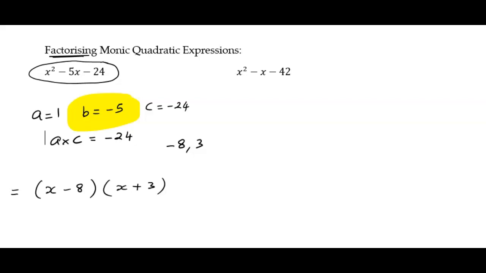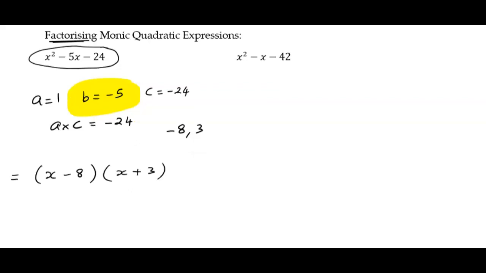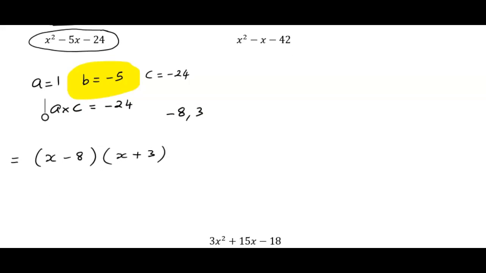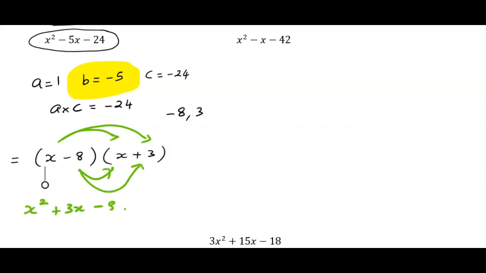If you're not too sure about your answer, you can always check by expanding it. I'm just going to do that for this particular question. We're not going to do that for every single one, but it's always good to check if you're right or wrong. If we expand the brackets, that gives me x squared plus 3x minus 8x minus 24.